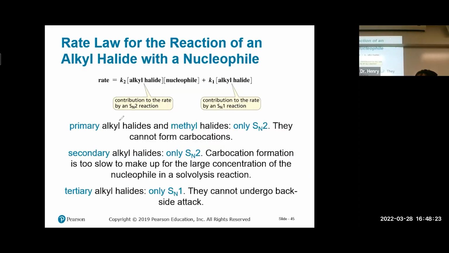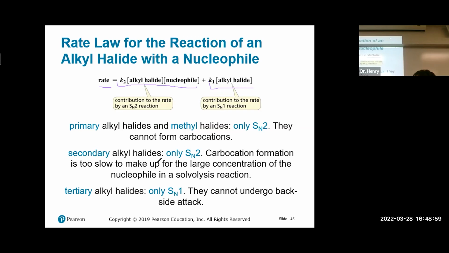So if you think about alkyl halides with a nucleophile, the rate is going to depend on the SN2 contribution and the SN1 contribution. If we have a primary alkyl halide or methyl halides, all of those are only going to have the SN2, so there's no contribution from the SN1.